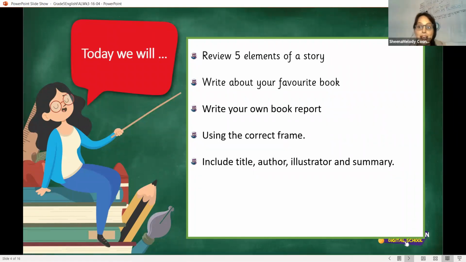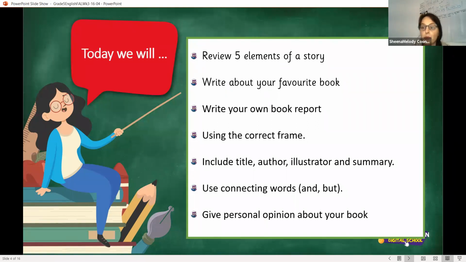As we spoke yesterday, we have a title, an author, an illustrator, and a summary. And then we use connecting words, which you guys have been using very well. I noticed yesterday when we were answering comprehension, and the other day when we were doing our discussion. And give your personal opinion about your book.